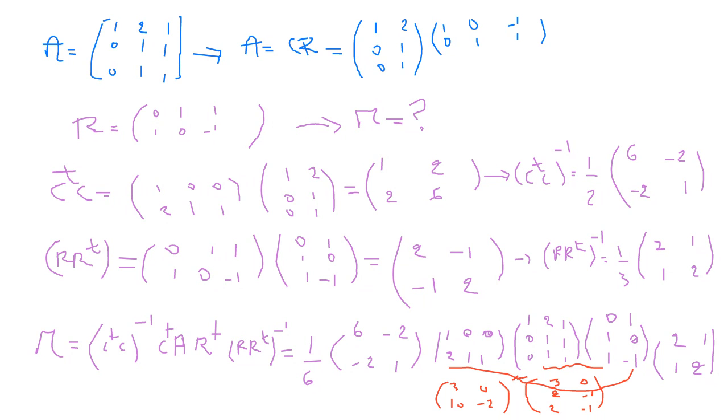Just basically between 2 and goes down. To get your M, which is 1 over 6 times 6 negative 2. You can later on check the result. 3, 10, and 0, negative 2 times 2.